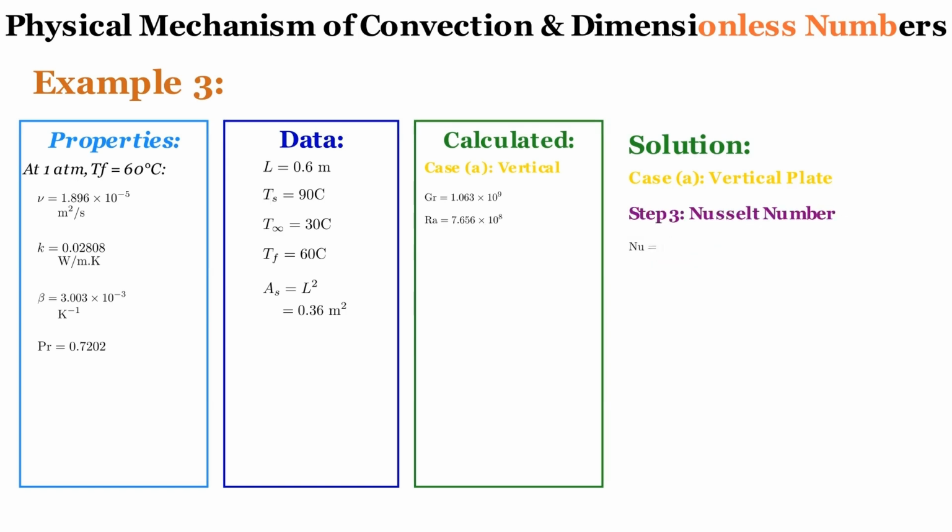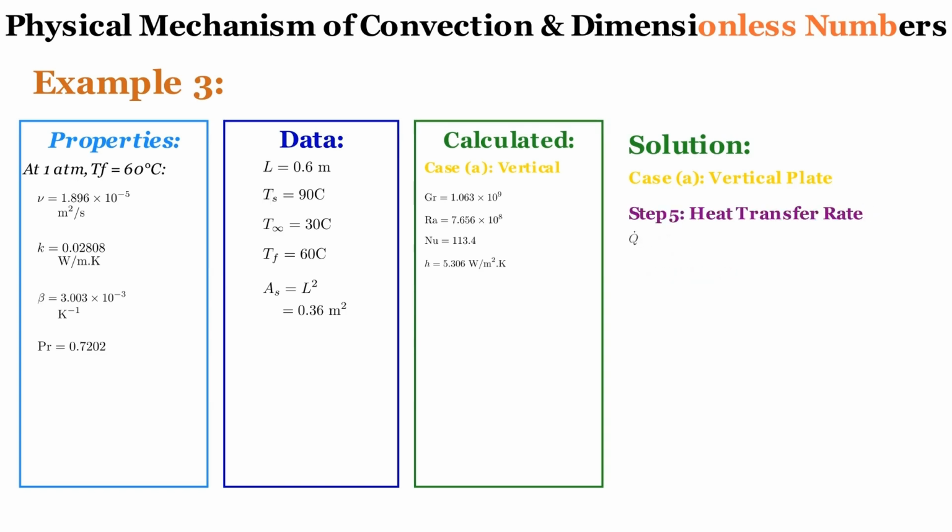Step 3, Nusselt number for a vertical plate. We use the Churchill-Chu correlation for vertical surfaces. This gives us Nu equals 113.4. Step 4, heat transfer coefficient. h equals k times Nu divided by L. We get h equals 5.306 watts per square meter Kelvin.